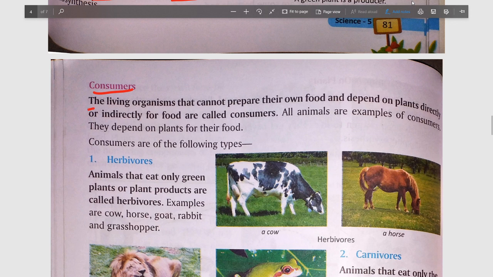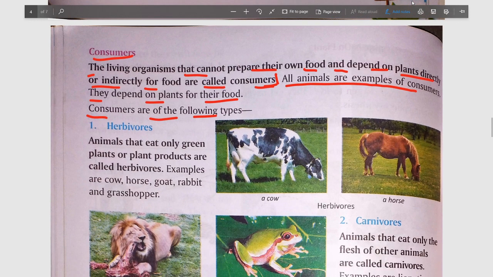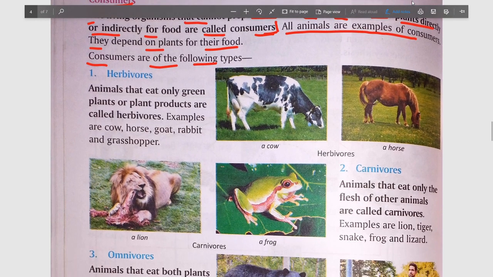The living organisms that cannot prepare their own food, like animals and human beings, and depend on plants directly or indirectly for food, are called consumers. So all animals are examples of consumers. They depend on plants for their food. Consumers are further categorized into the following types.